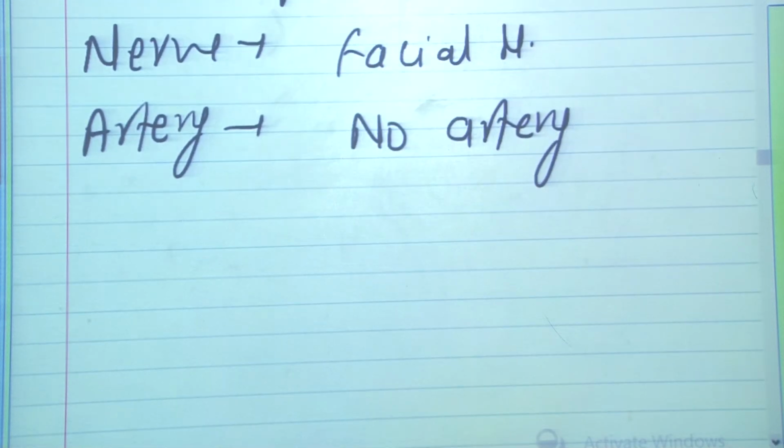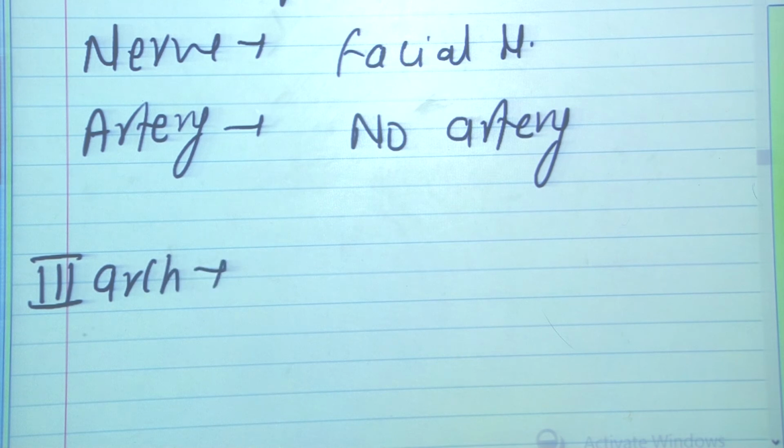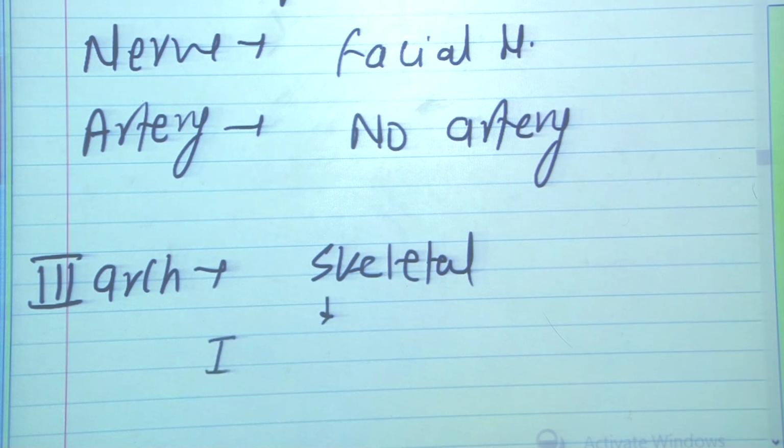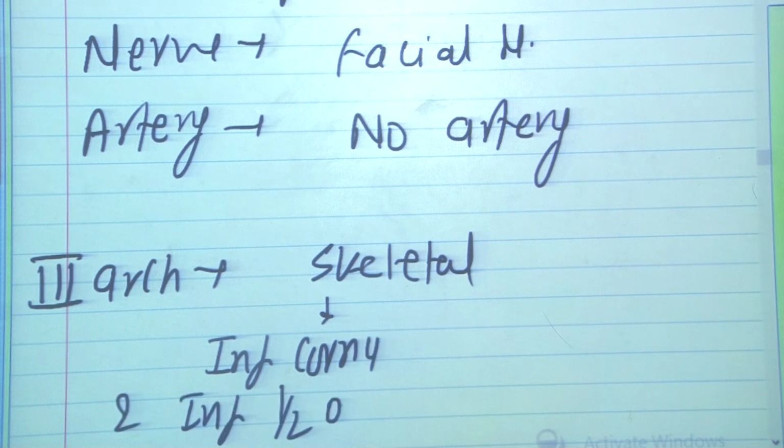The next is the third pharyngeal arch. Skeletal component. The skeletal component which develops from third pharyngeal arch, this is the inferior cornu and inferior half of body of hyoid bone.